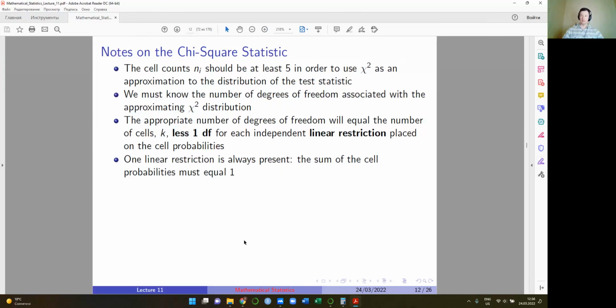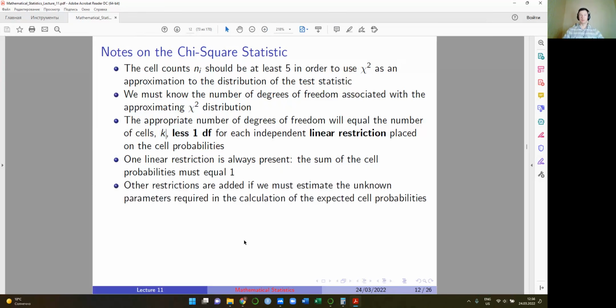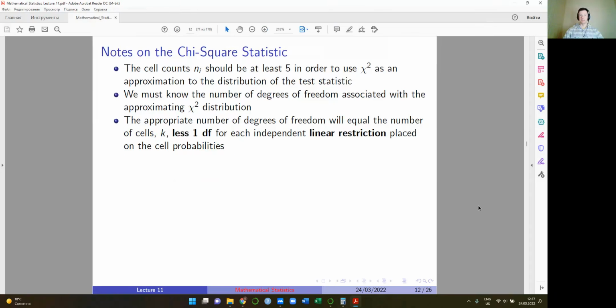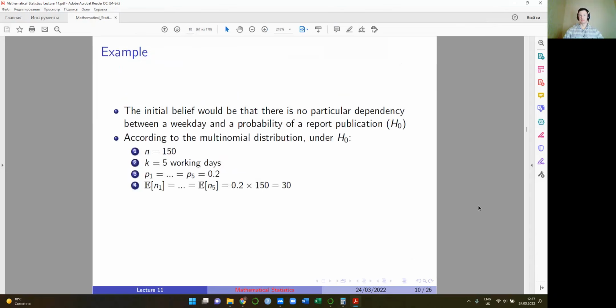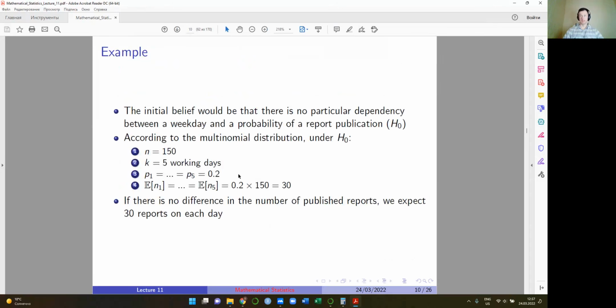The rest is going to be applied if we must estimate the unknown parameters required in the calculation of the expected cell probabilities. In this case, when we state the null hypothesis, no additional estimations are done. We just state that probabilities for every cell equal 0.2. That's it.